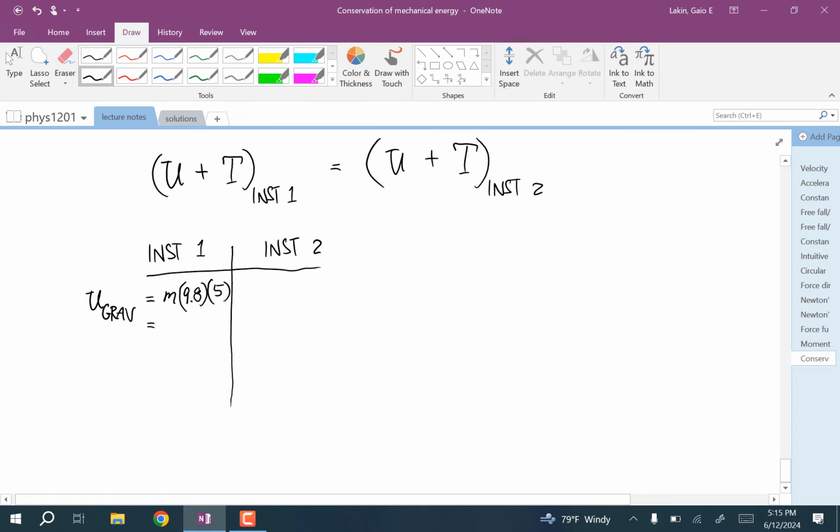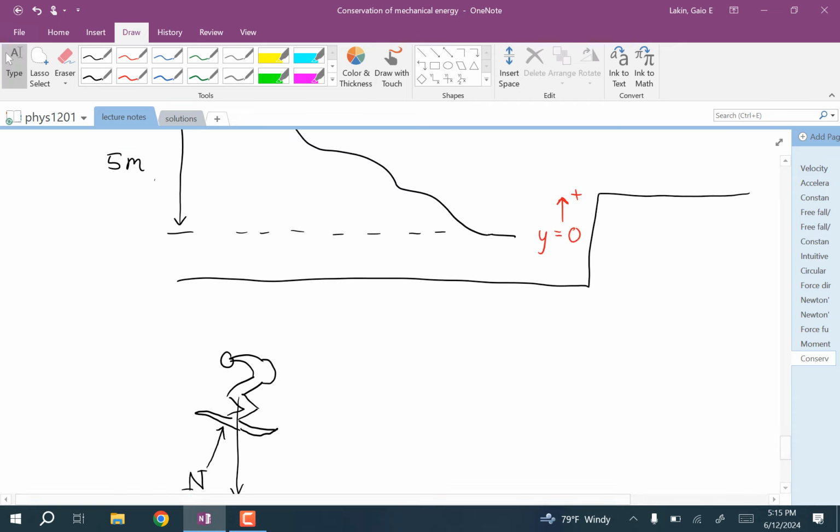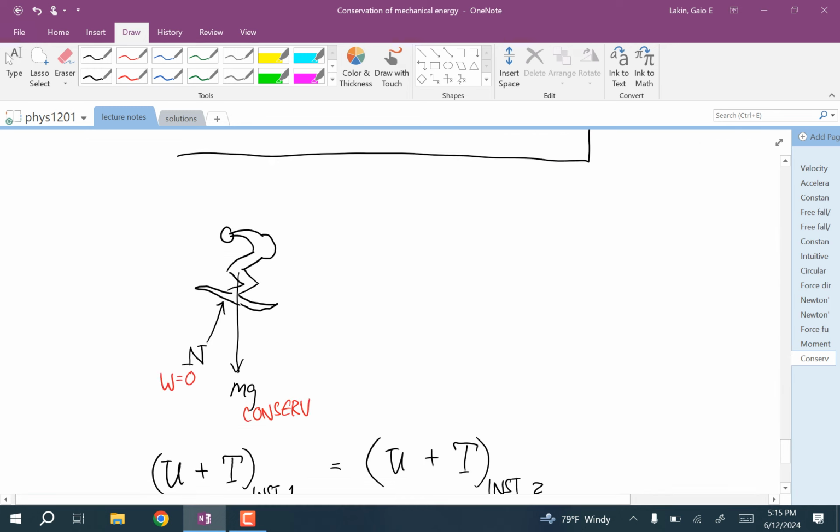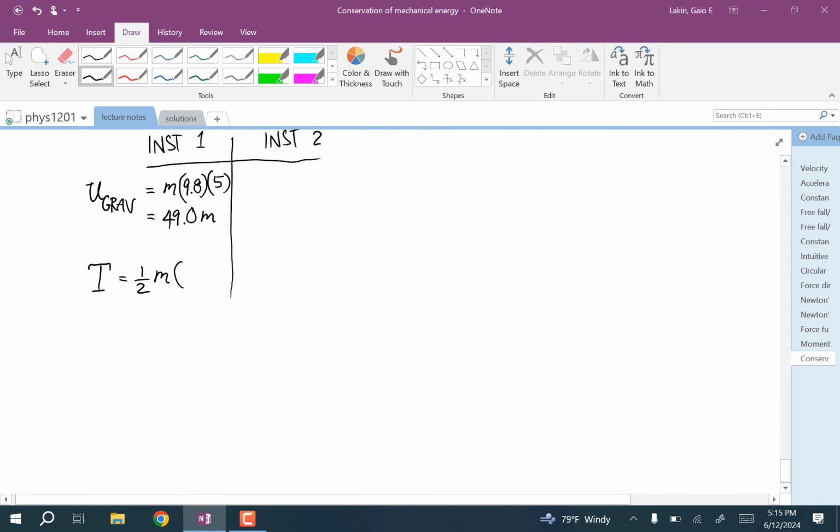And if you multiply this out, you get 49.0 times m. And now we have to calculate the kinetic energy at instant 1. That's 1/2 times the mass of the skier. Again, we don't know that. Times the speed squared. The skier is at rest at the top of the hill, and so this is 0 squared. And so the kinetic energy at instant 1 is 0.